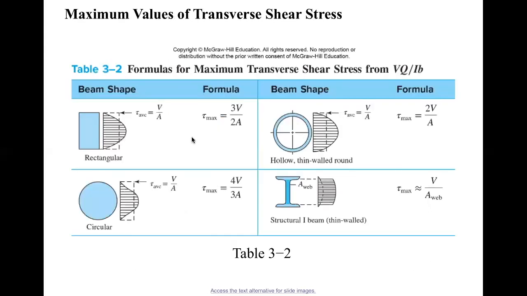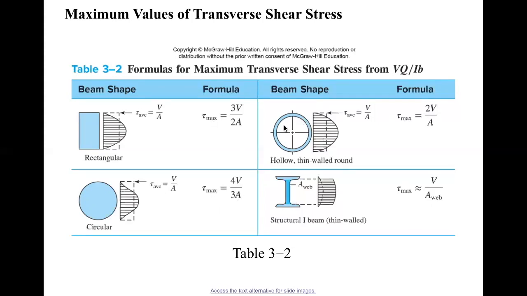It depends on the geometry of the cross-section, and the shear stress is a little bit different. So this is for a rectangular beam. The maximum shear is 3V over 2A. If you have a circular beam, the maximum shear is 4V over 3A.